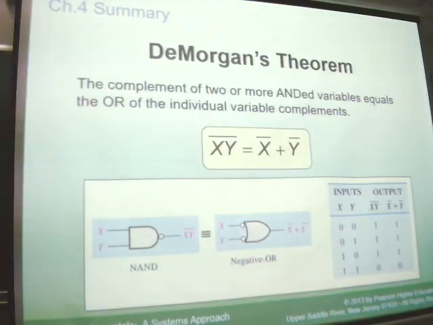De Morgan's theorem, section 4.3. De Morgan's theorem, we must remember. The bar over xy equals x bar plus y bar.